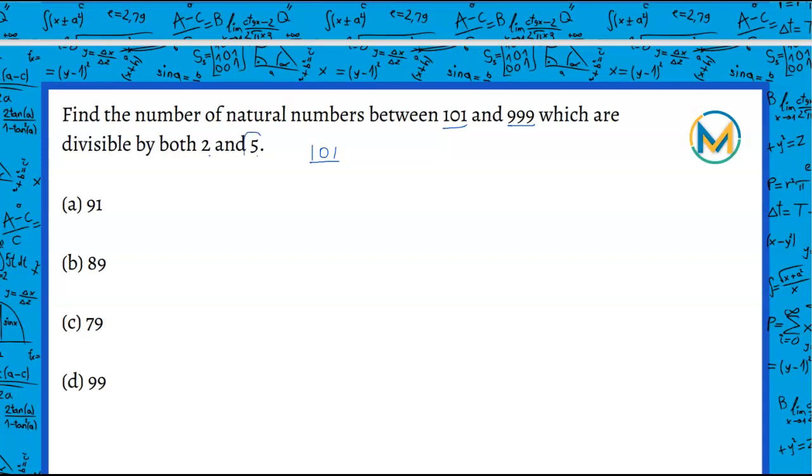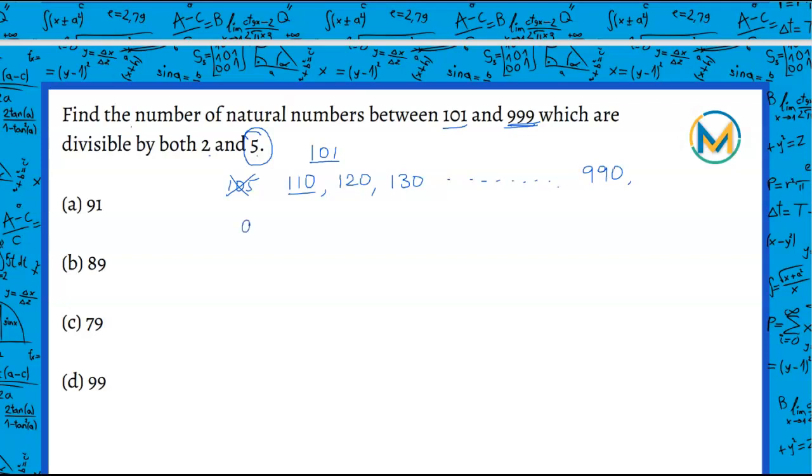First we check for the natural numbers which are divisible by 5. It starts from 105, but 105 is not divisible by 2, so we won't take that. So 110, and then it will be 120, 130, and so on. And from the end, the natural number which is divisible by 2 and 5 would be 990. It is divisible by both 2 and 5.